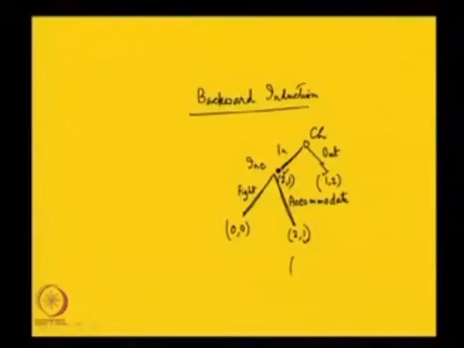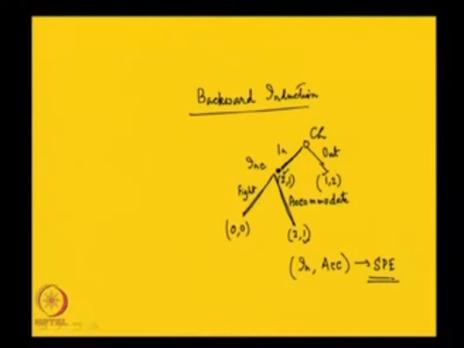And here we are seeing that in and accommodate is, in fact, the unique subgame perfect equilibrium in this game. So, this is the idea, and we can use this notion of backward induction to find the subgame perfect equilibrium in other games also.